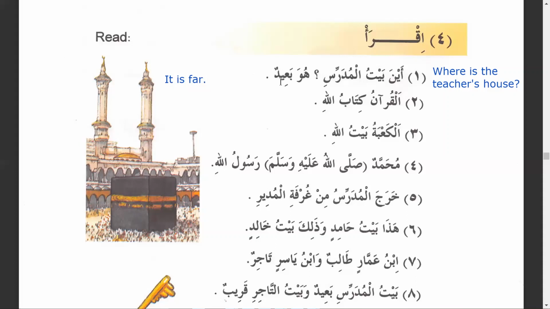Now tell me this sentence, "it" and "far." So this sentence is about what? What is the subject of the sentence? The first is the house. Yes, house. And for house, which word is coming over here?